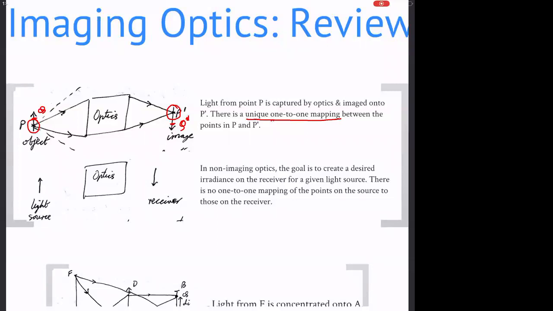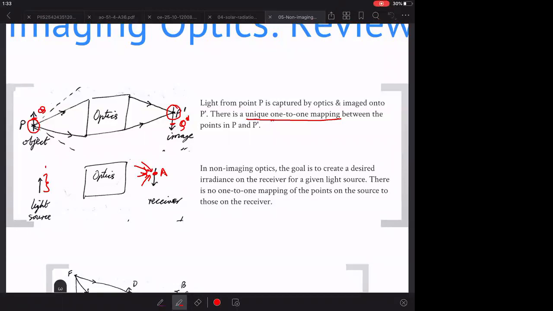What I mean is that if I take a point A, I can receive energy at A from many points anywhere over here on the light source. So it can be a many-to-one mapping. It's a conceptual take on this whole thing, but we'll make it a little more mathematical shortly.